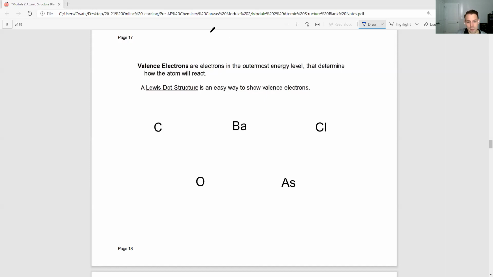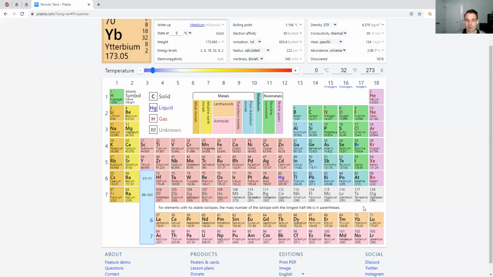So first off, let me share a periodic table with you, and so we can talk about what valence electrons are. How the valence electrons work: this first column, 1 valence electron, 2 valence electrons, 3 valence electrons.